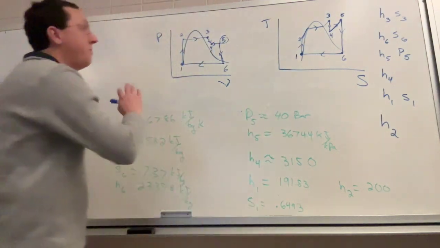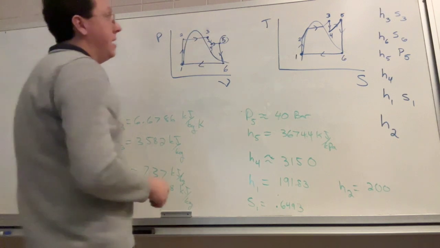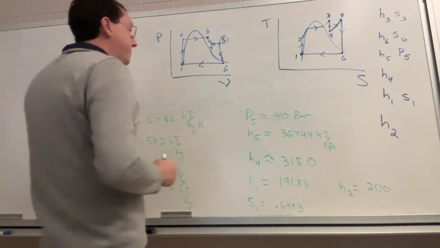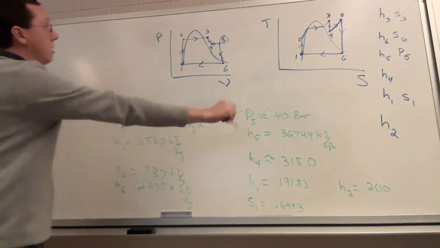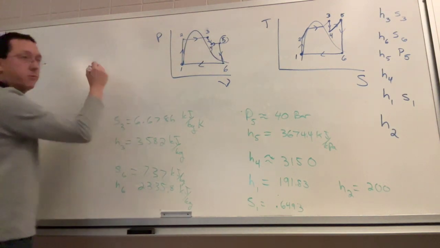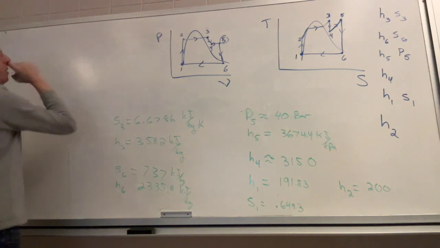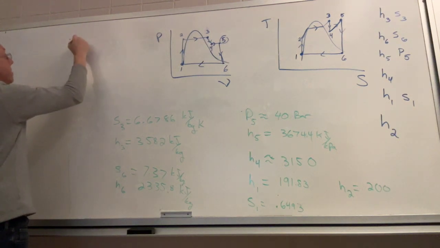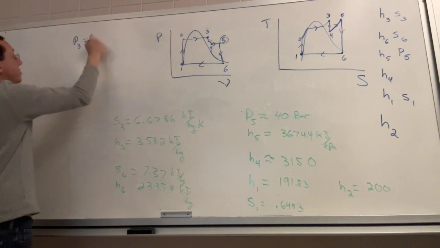So, we've got our phase diagram, and then I'm going to list all of our different assumptions now. What we can assume, if I've got enough room here, hopefully this is visible: we can assume that pressure at 3 equals pressure at 2.